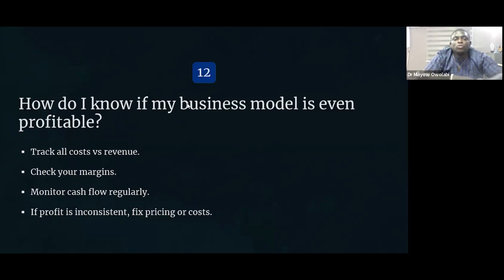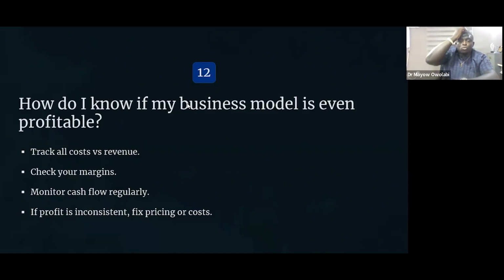So what I tell people to do is list every cost and group it: product cost, business cost. So when you make a sale of 1 million naira, what is the cost of what you sold?